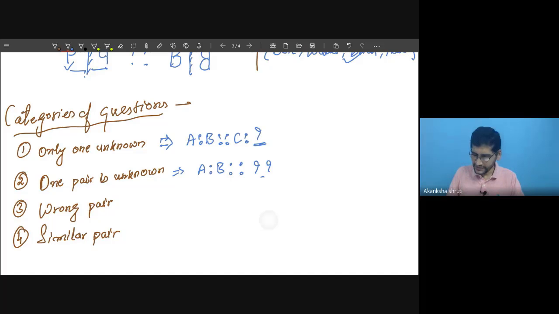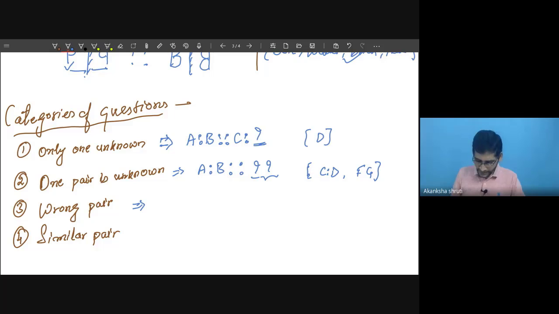In this case, the options will be given in the pair form itself, so the answer will be in pair form itself. Maybe like CD or FG, something like this. In the first case, only one element, the D, will be given, and only one element D you have to mark. The wrong pair is a bit more tricky or more important.